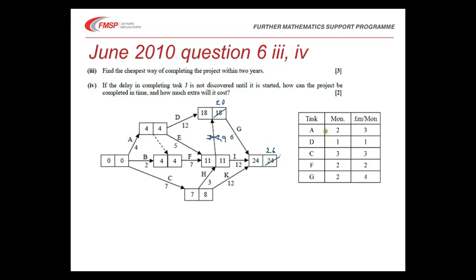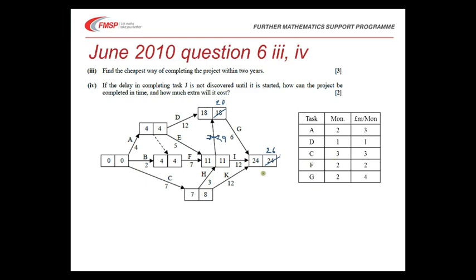We could alternatively reduce A and F, but the problem with reducing A or F by 2 is that if I reduced F by 2 here, this would mean I'd need to get here by 9, but 9 doesn't give me enough time to complete C and H, which is 10, and so I would have to pay to reduce C as well.